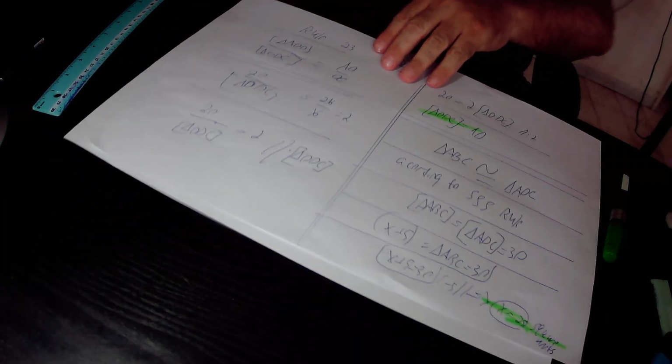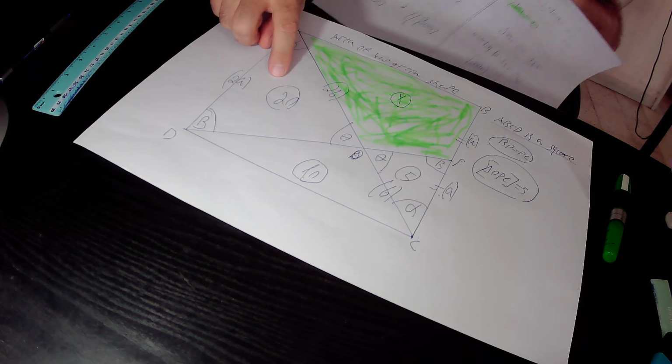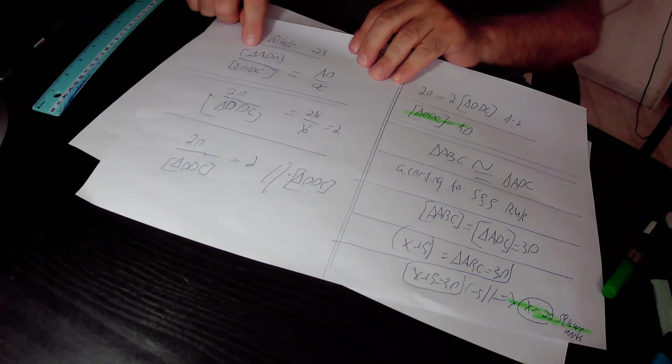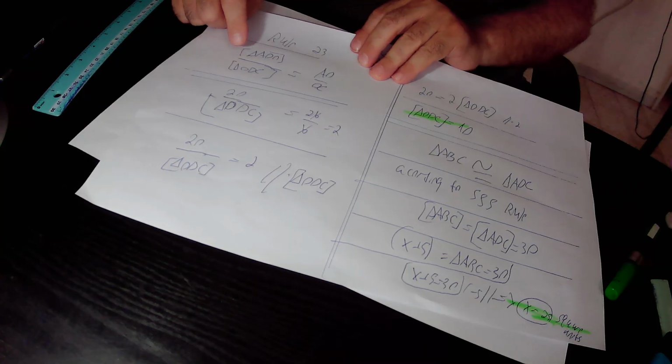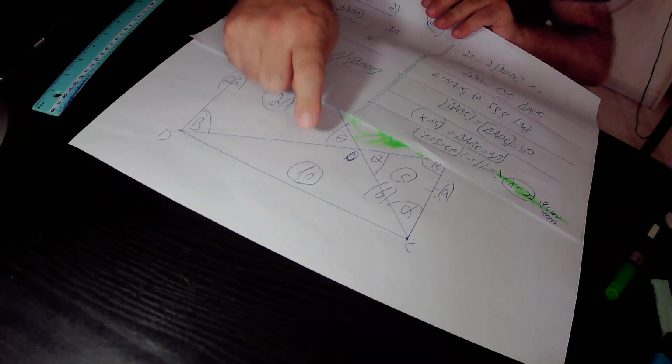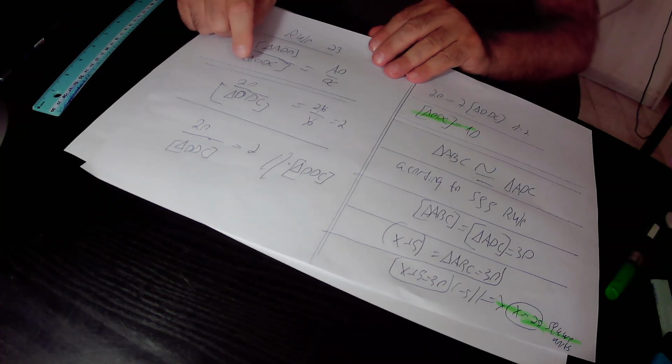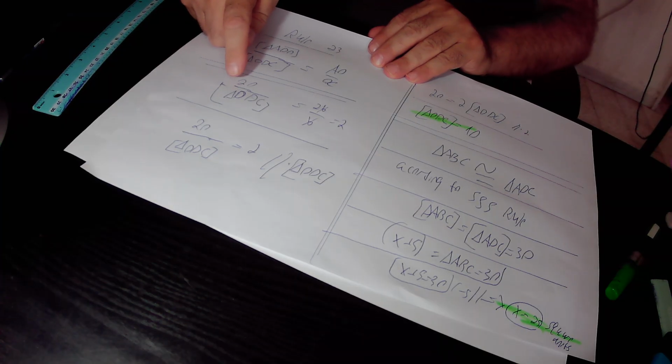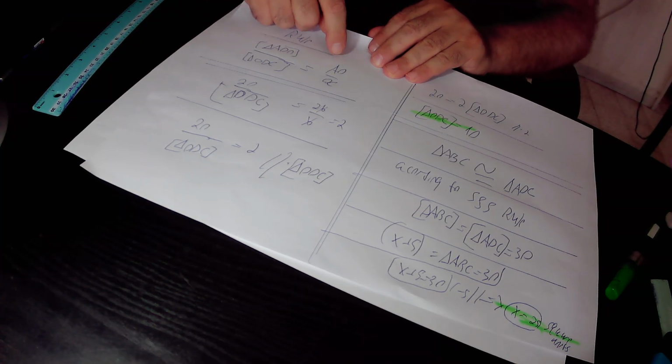The area of triangle AOD is 20, so we substitute the area of triangle AOD by 20. The area of triangle ODC is unknown, so we leave it as it is. So it is 20 over the area of triangle ODC, and it equals OA over OC.